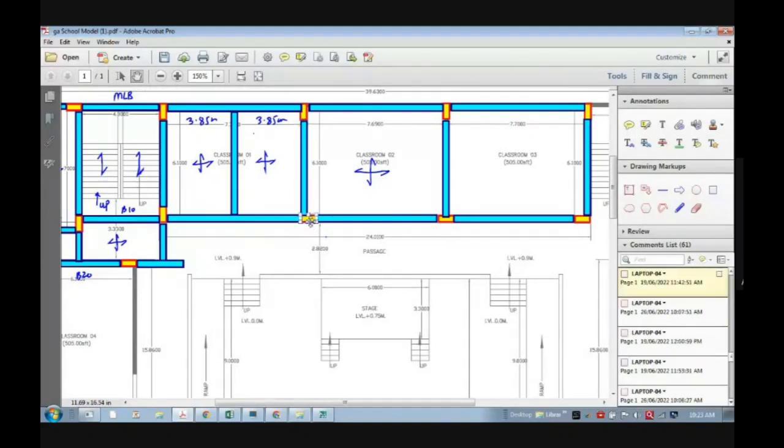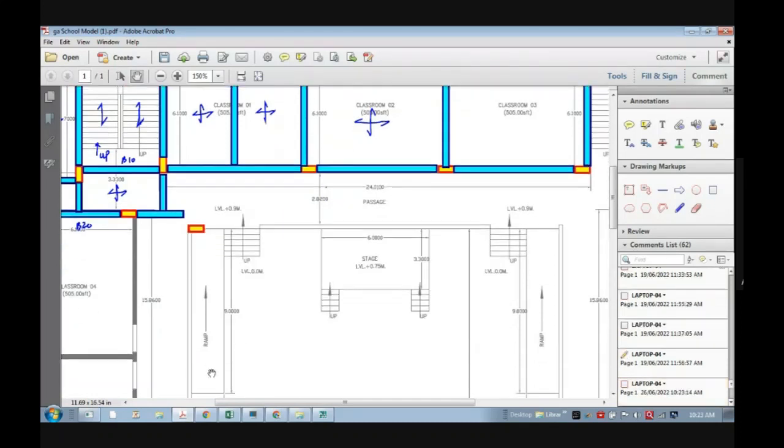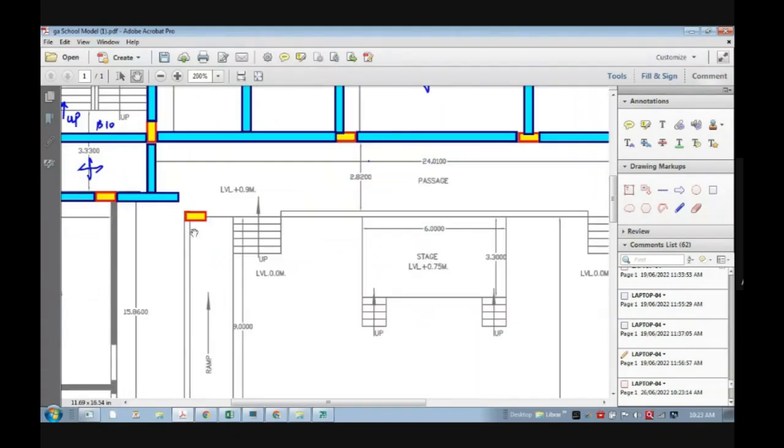And that's why, as I told you, we should have the knowledge of architecture also. Basic part I'm saying. So let's say here, if I put a column like this, then you know that there is a ramp here and there will be a problem to the ramp. Yes or no? So this is not a good location because the ramp will have a problem.